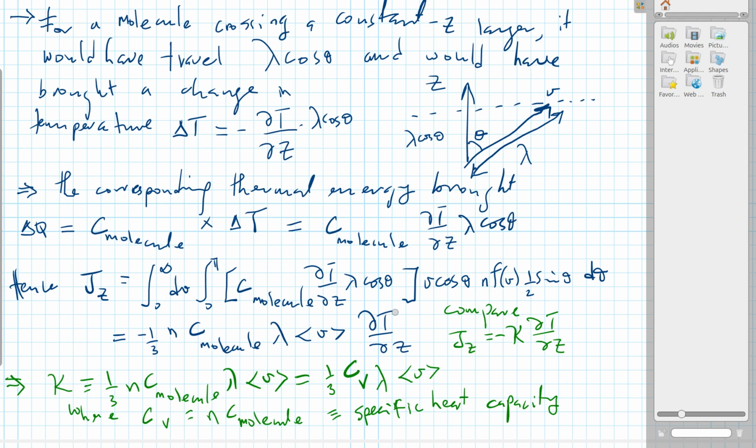No, this is heat capacity per unit volume, right? So the total number of molecules divided by volume is going to be number density, and this is heat capacity of the gas molecules per unit volume.